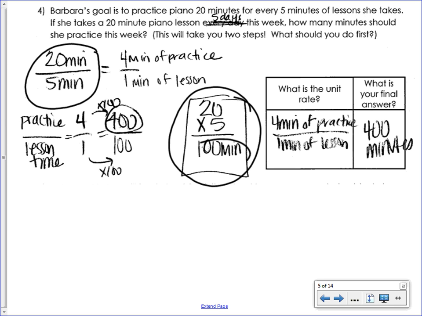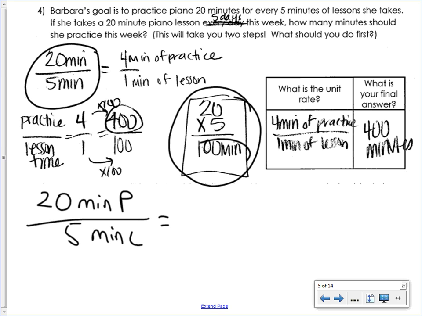All right? So now I'm trying to say she practices 20 minutes. This is her practice time over, for every 5 minutes of lesson time. Now, on this particular problem, you didn't really have to find a unit rate, because am I able to go from 5 to 100? 5 to 100.